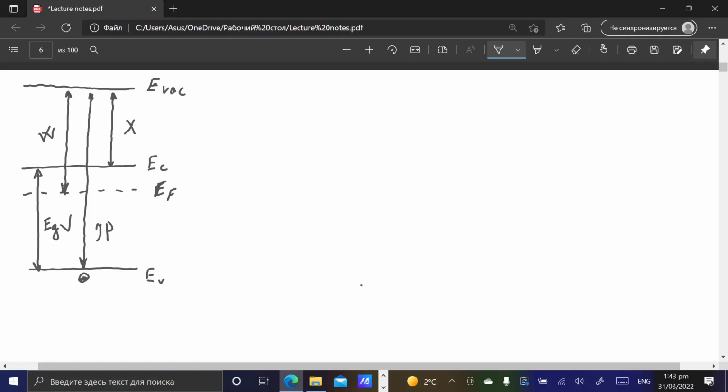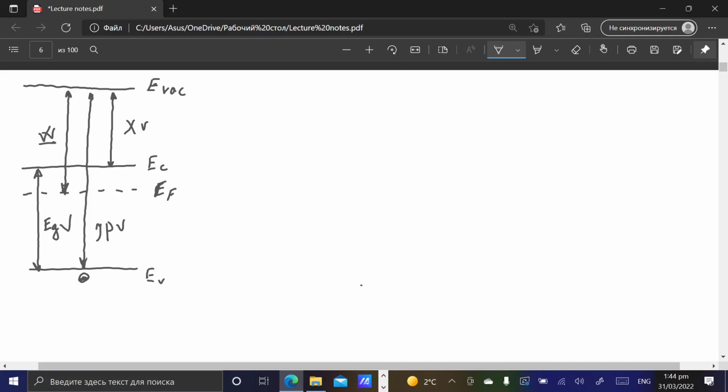Energy band gap, that is for sure, because it is defined by the type of atoms and crystalline lattice which is formed in the semiconductor material. That is also true for ionization potential and affinity of electron. However, work function, as you see from the definition, is the energy gap between the Fermi level and vacuum level.